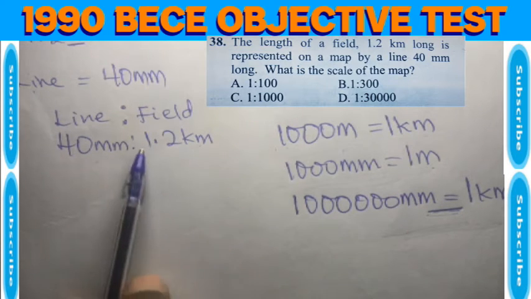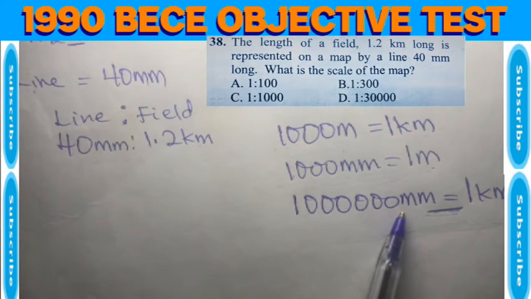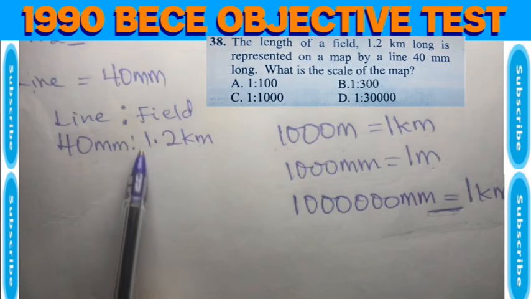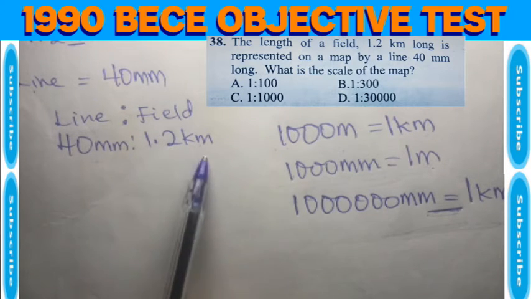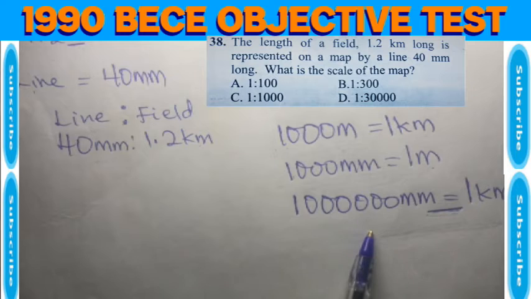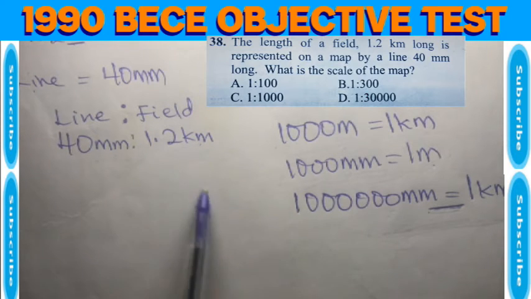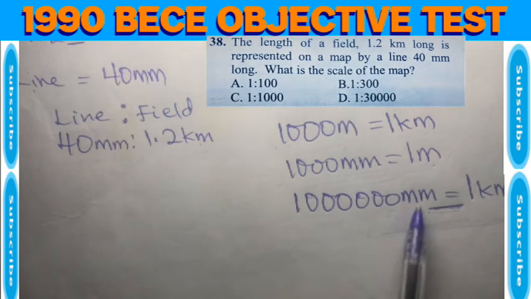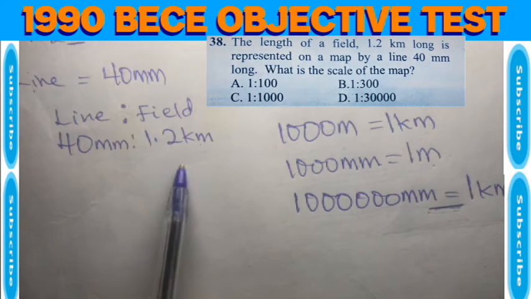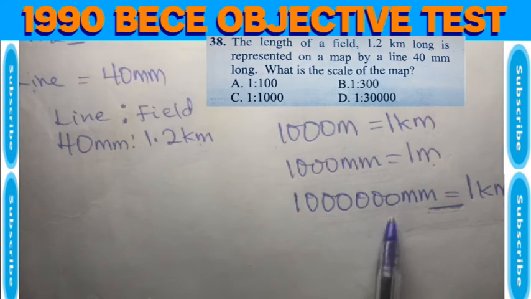So converting 1.2 kilometers to millimeters, you will need to multiply 1.2 by 1 million. We are converting from kilometers to millimeters.